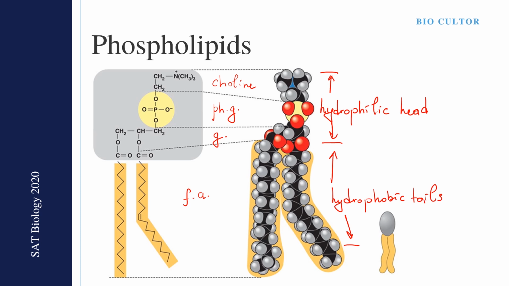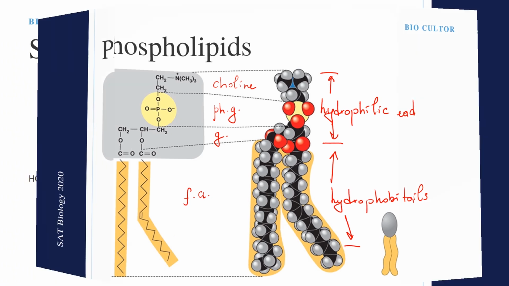In other words, one of the parts of the phospholipid either expresses an affinity for water or conversely avoids water, respectively. And third, you should know that phospholipids are the main components of the membrane.